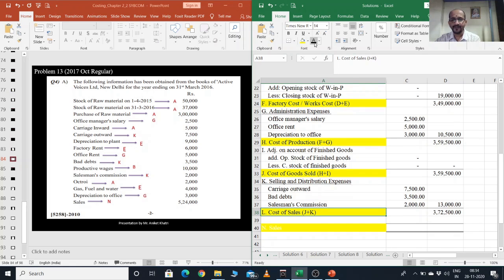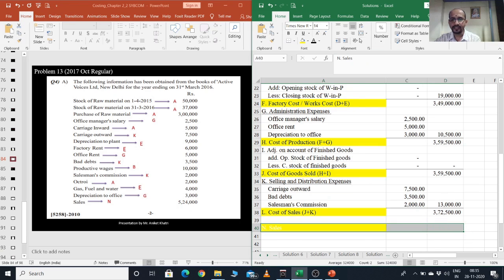Okay. Now the last one is given, sales, right? Now you need to check once again whether you have forgotten to take any items or not. While solving, you just tick each item once you have taken it. Okay, so the last one remaining is sales.